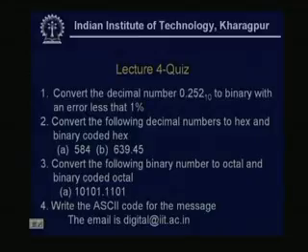We will continue the digital logic lecture 3, but before that we quickly go through the answers of the last day's lecture quiz. The last day's quiz had 4 questions and we see the answers.